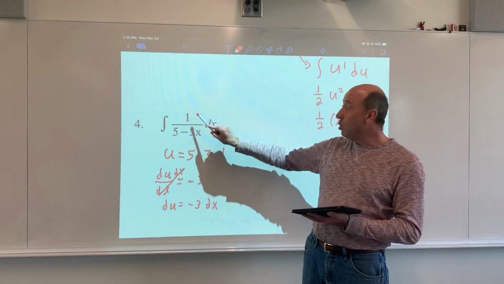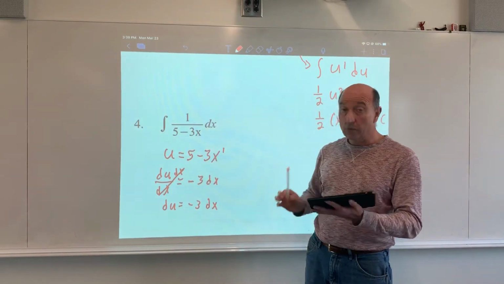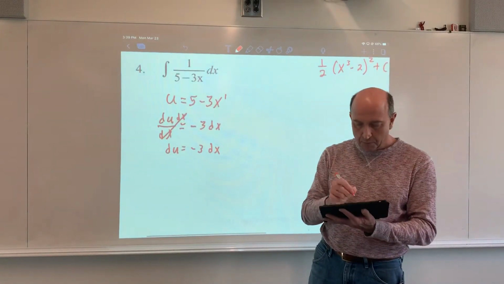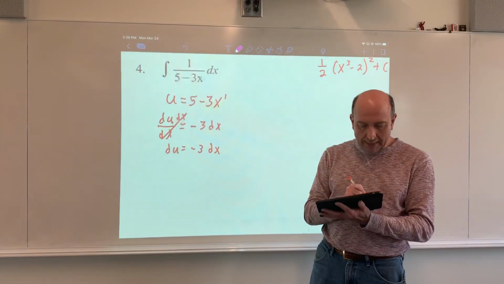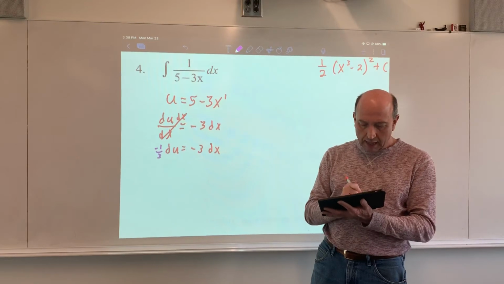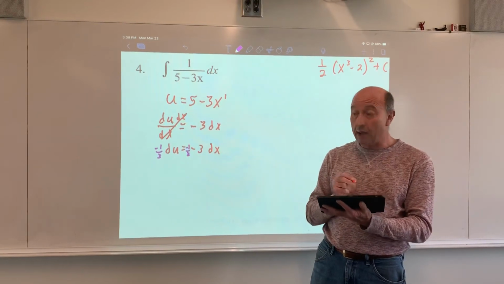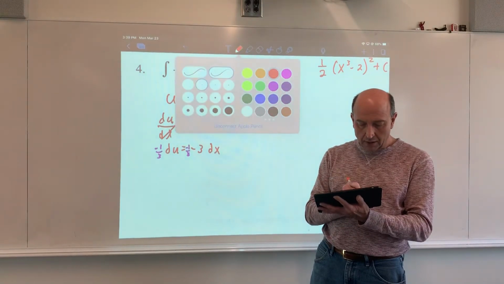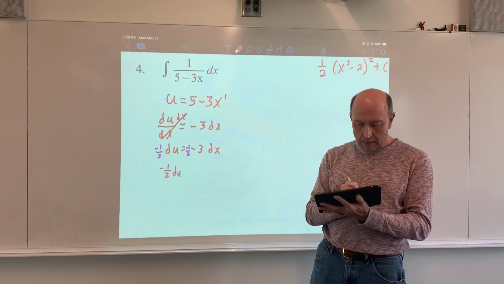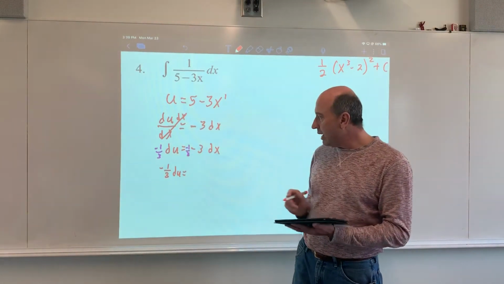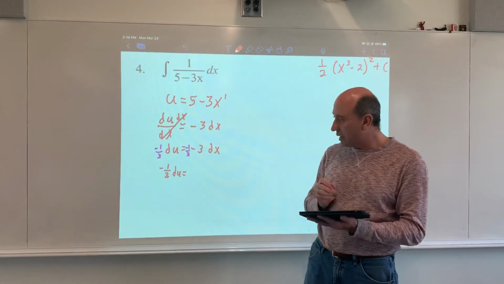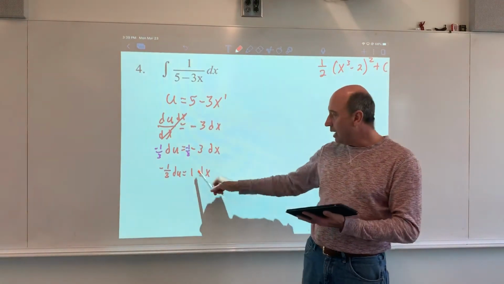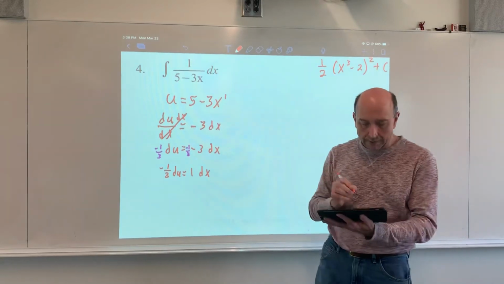No. We were hoping for a 1 dx, but this is only a minor drawback. We can multiply both sides by -1/3, and we can happily fix the problem. So now we have negative 1/3 du equals, negative times a negative is a positive, 3/3 is the same as 1, dx.